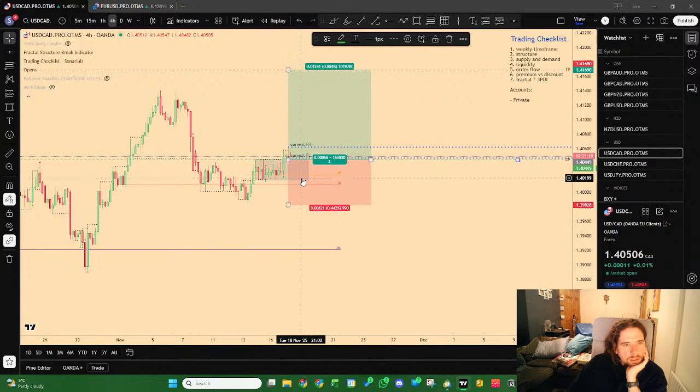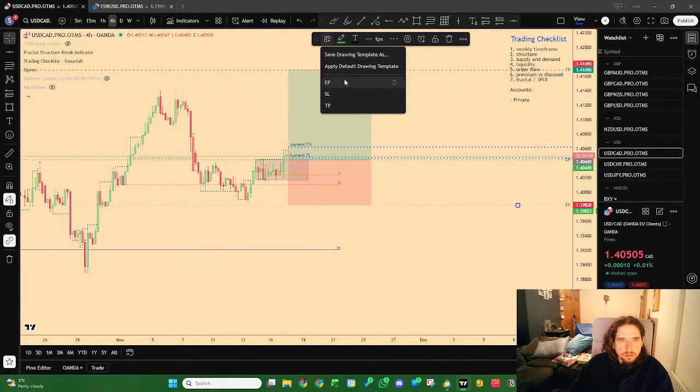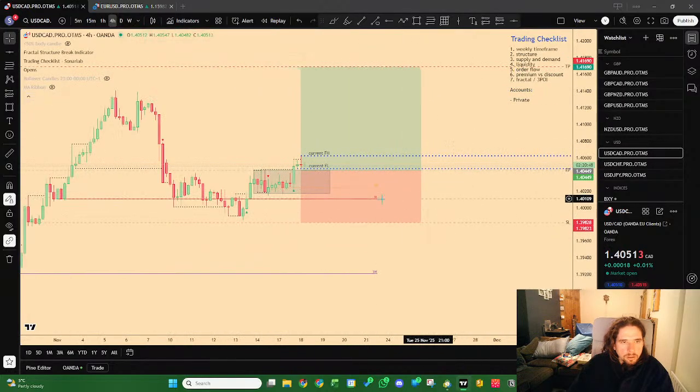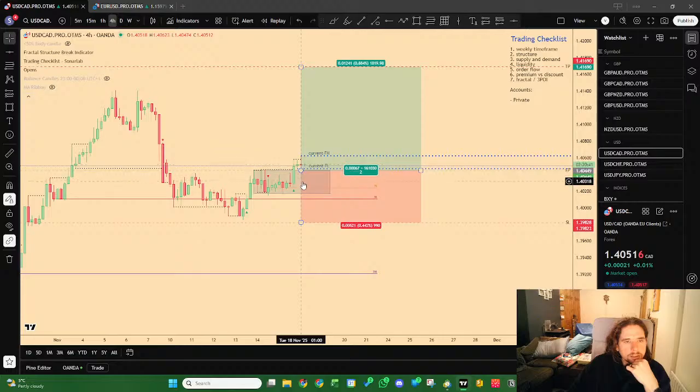Actually thinking about it, probably would be better to put the entry price lower, because there's no liquidity in this whole thing here.